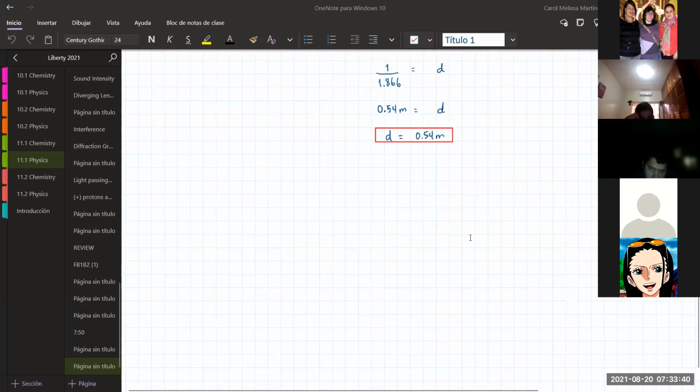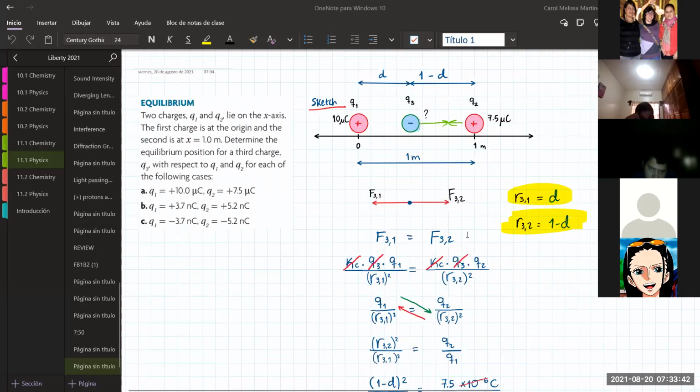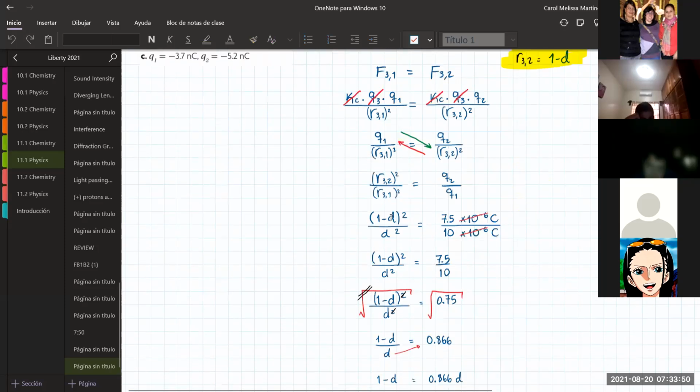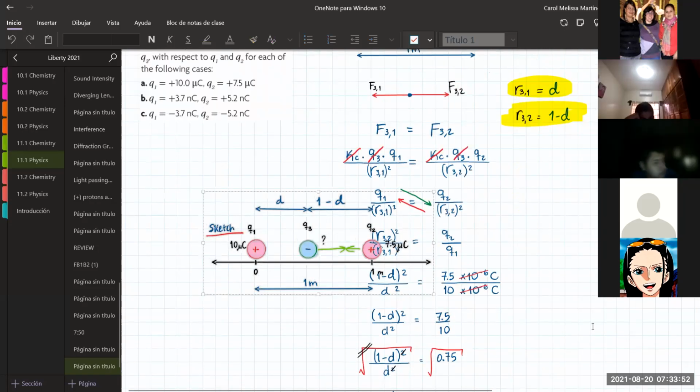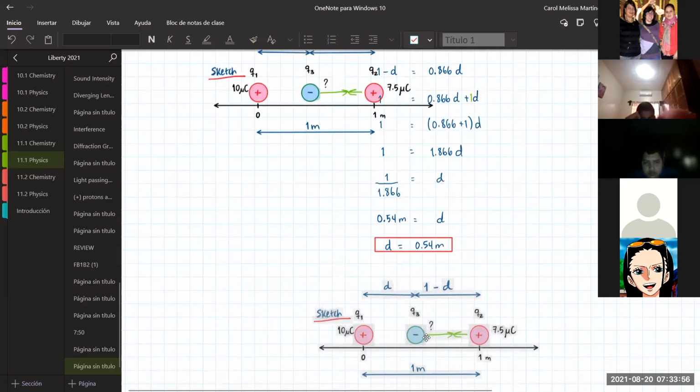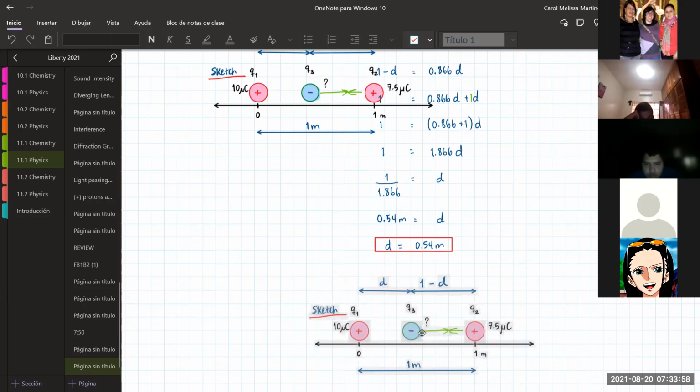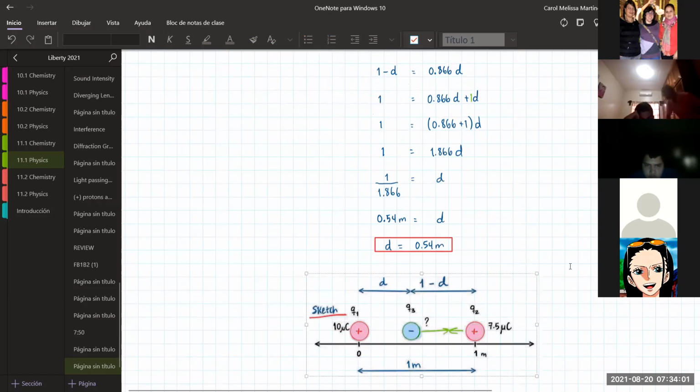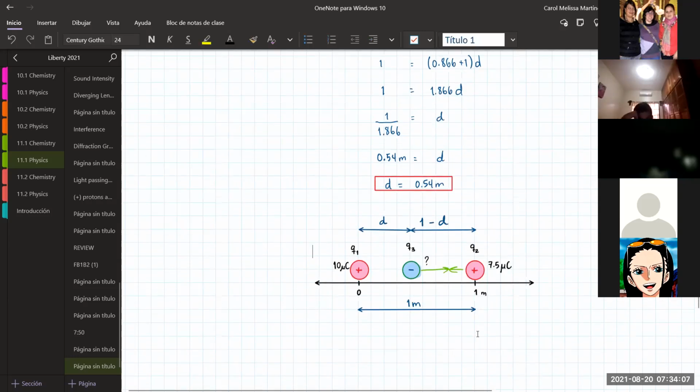I know that it looks like a big process, but it's not too complex. So I'm taking my sketch again, and I will locate my charge in the position that I mentioned. So this is what I have. This is 1 meter.